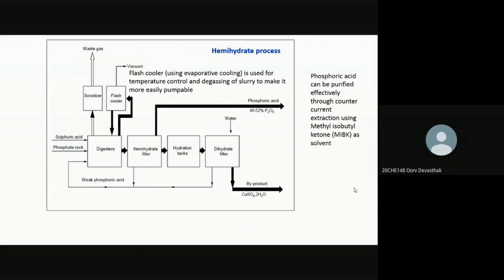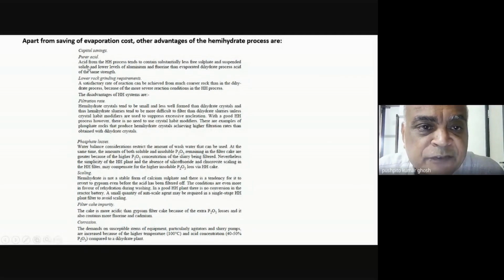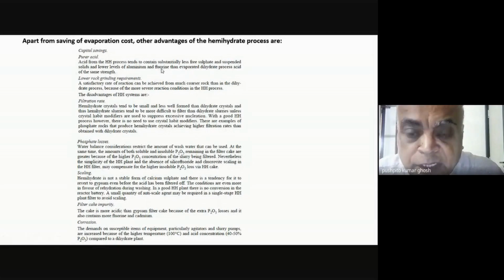So can you please explain the advantages again? See, the advantage is that when you are reacting this at a higher temperature, one thing is that if you have got volatile impurities which are forming, like the HF or H2SiF6, those things will get removed from the phosphoric acid relatively more easily than at lower temperature.